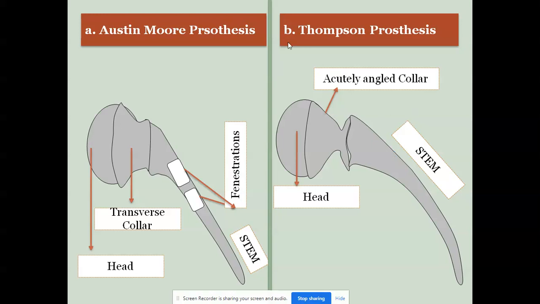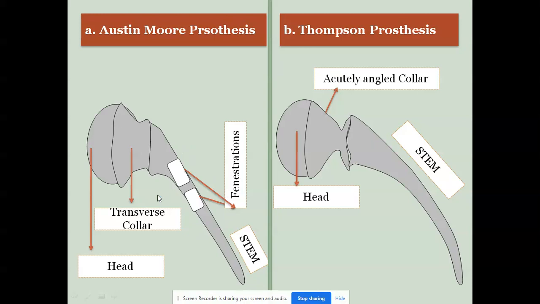These two are changed. Austin Moore prosthesis is usually used in young patients when you want a THR done, whereas Thompson prosthesis is used in old age, because Austin Moore has fenestration. Fenestrations are nothing but the holes present within the stem. The stem is located into the shaft of the femur.